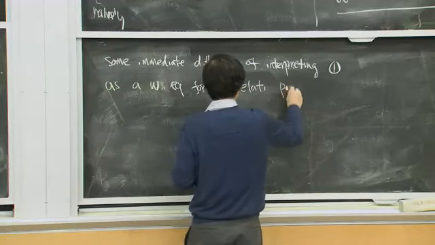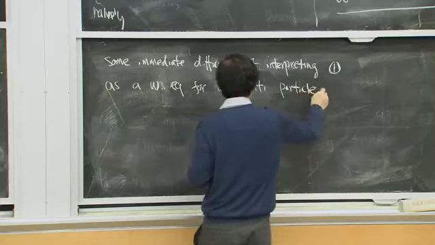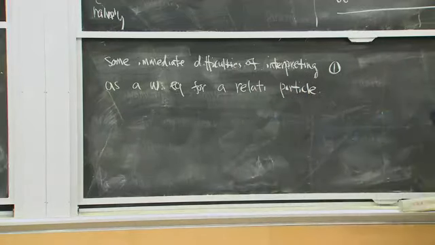This is the wave equation for a non-relativistic particle. If you want to generalize to relativistic quantum mechanics, then you would interpret this as a wave equation for a single relativistic particle.